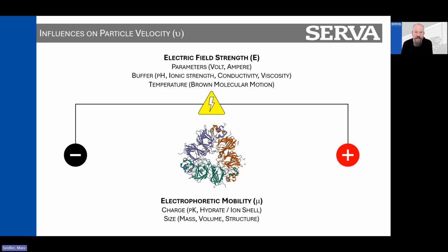Your particle is inside, and this buffer may have a special pH, may have a different ionic strength, the conductivity, the viscosity, everything of this liquid you are working with is important for the electric field strength.